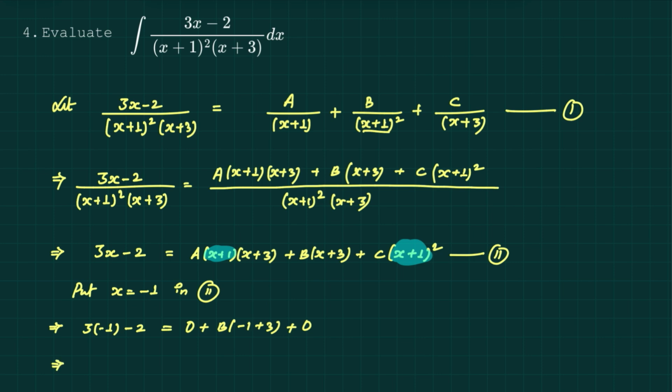On doing so, we will have minus 5 equals 2b. So this implies the value of b equals minus 5 over 2.